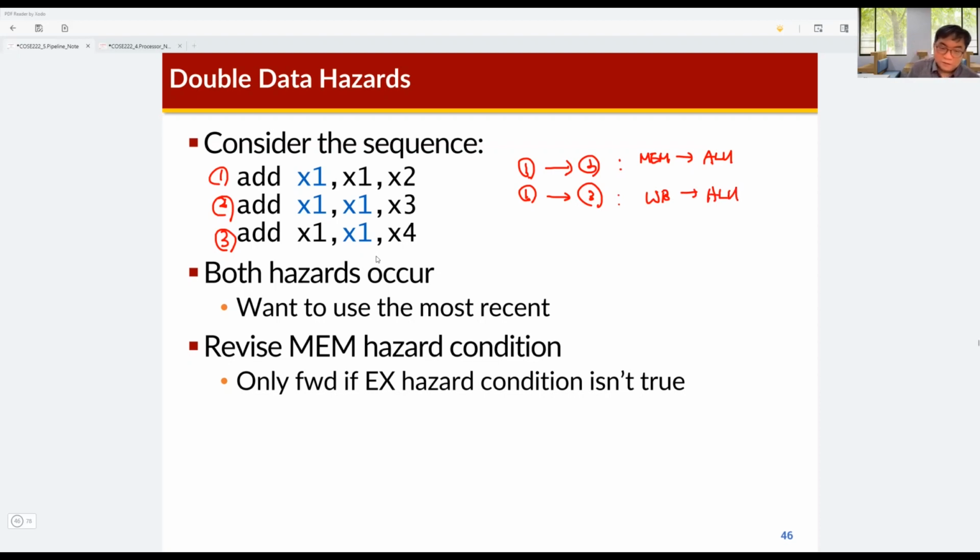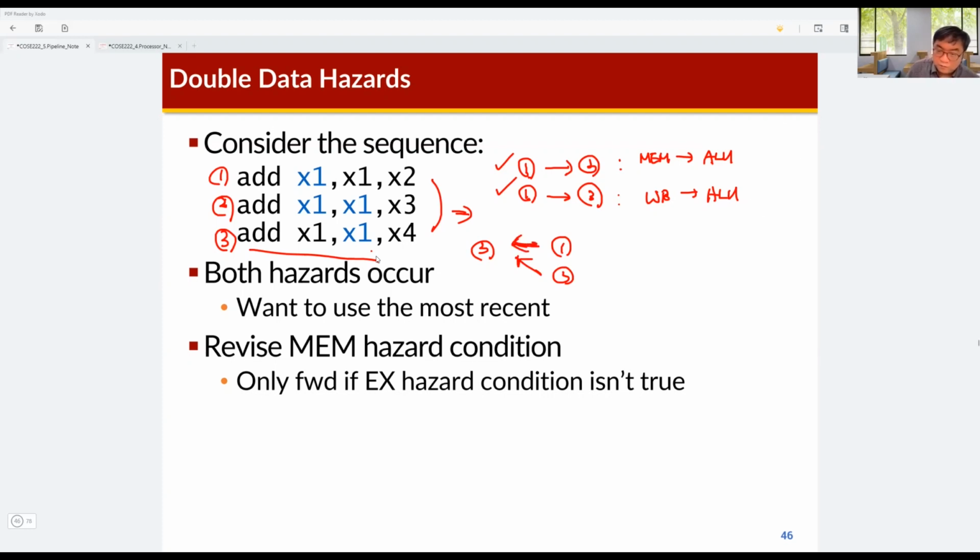What's the problem? This example satisfies both conditions. So which data should be forwarded? The third instruction can receive the data from the first instruction, this case, and receive data from the second instruction, this case.